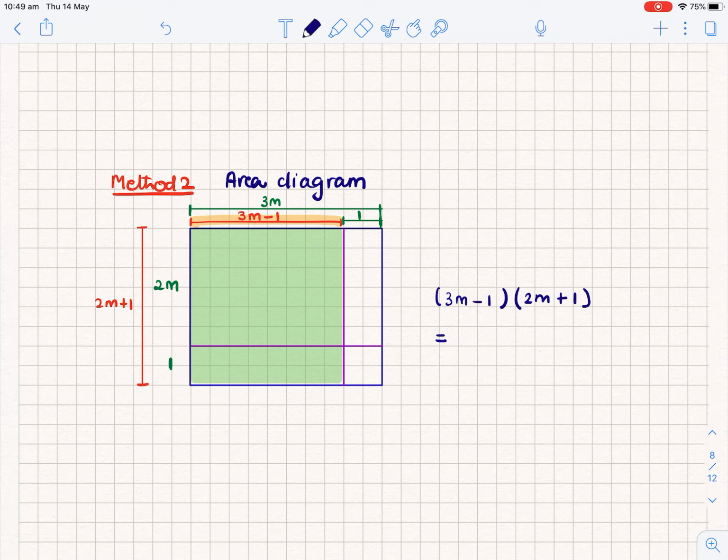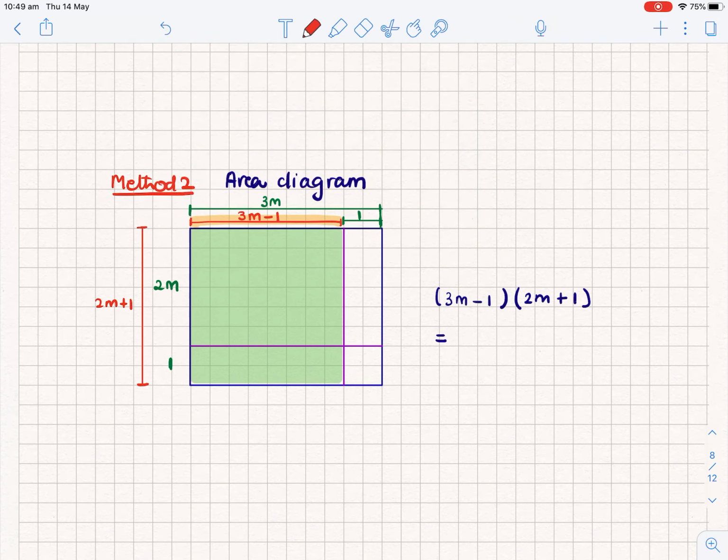The second parenthesis represents the other side length, which is 2m plus 1, and then split that as 2m and 1. So the expansion, or the product of these two binomial expressions, is the shaded area.